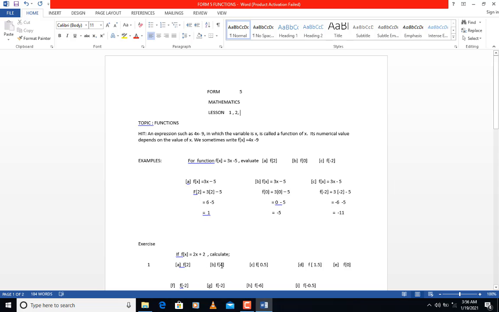Where there is x, you substitute with the 4, find the value. Where there is x, substitute with 0.5, then find the value. Where there is x, substitute with 1.5, and so on. So the idea here is about substitution.